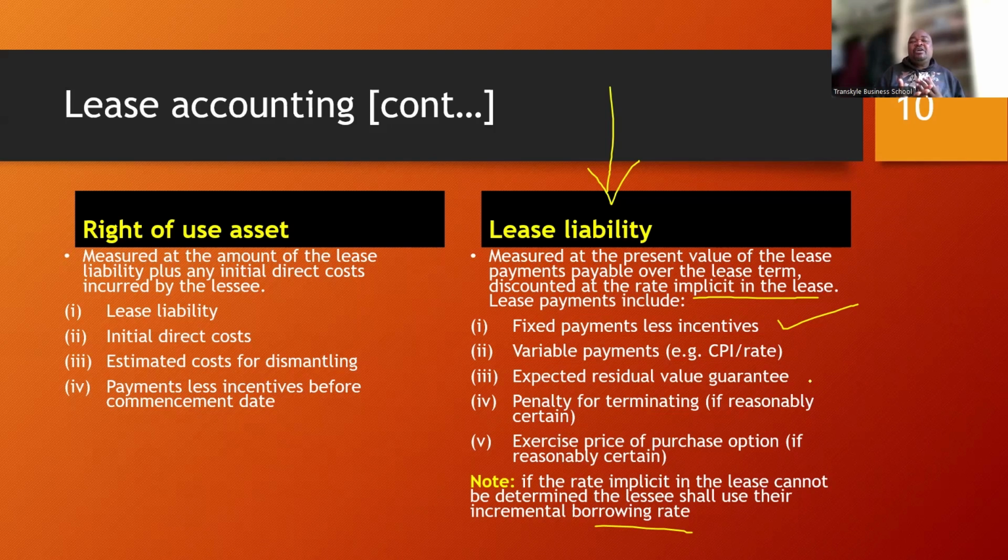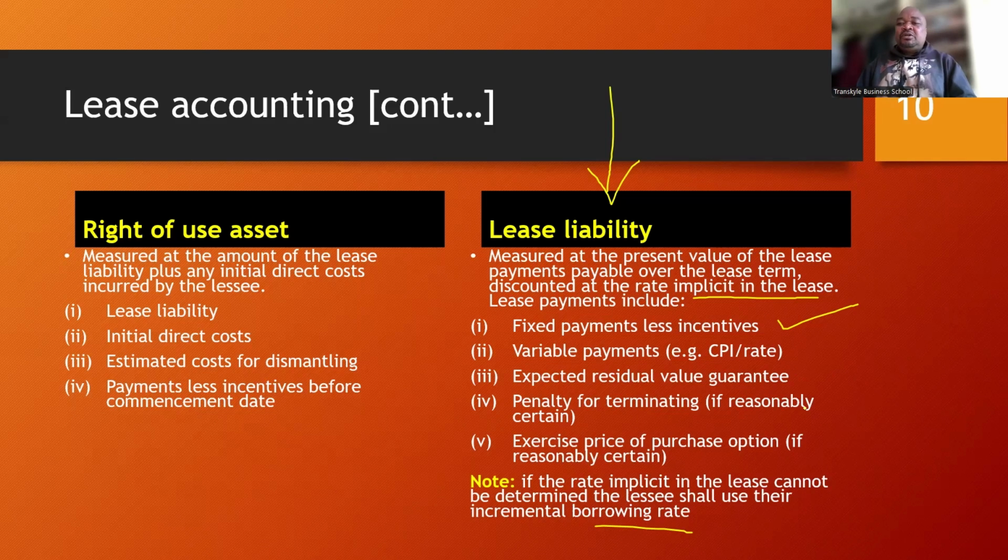Say there is a possibility that this property will be around 700,000 in 50 years. So the potential outflow is 300,000. So the 300,000 is the expected residual value guarantee payment, or the guaranteed residual value payment.